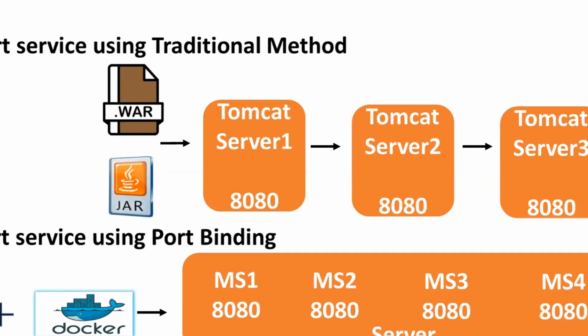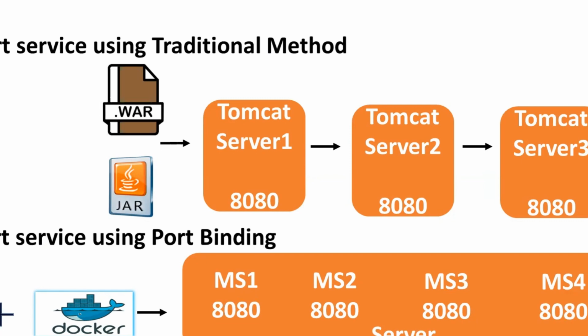Every Docker file will have a command called EXPOSE with the particular port number. Using that, the particular application gets exposed. So in the traditional method we deploy on each and every server, but here we are creating containers and exposing the service on the port number by using the parameters in the Docker file.